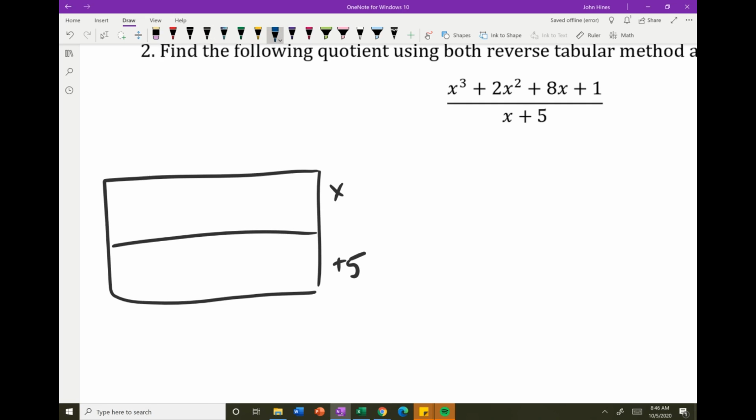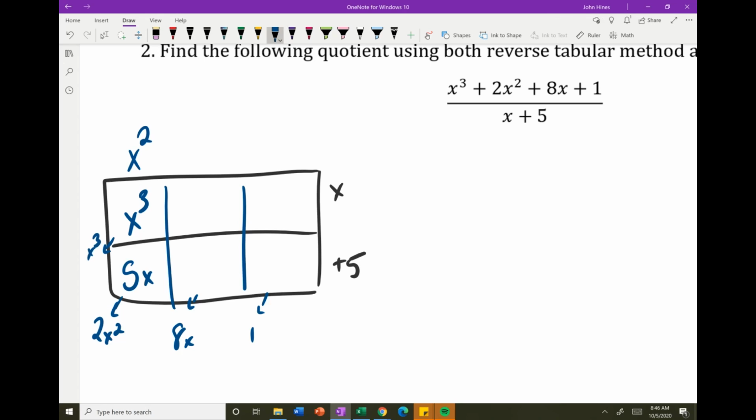All right, then I've got x to the third, 2x squared, 8x, and 1. So I'm going to push in x to the third and ask myself, what times x is x to the third? Well, x squared, which gives me 5x squared, but I don't want 5, I want 2.